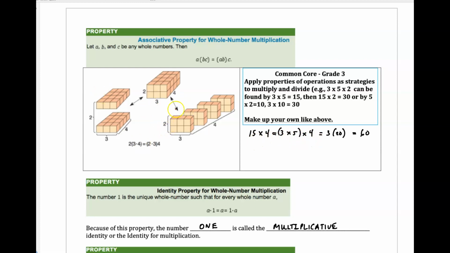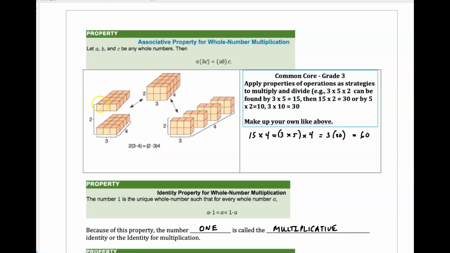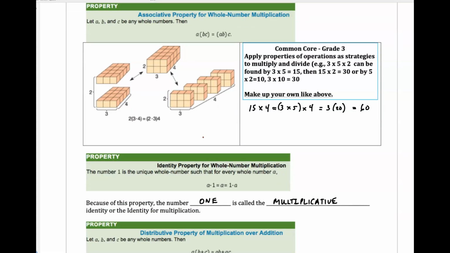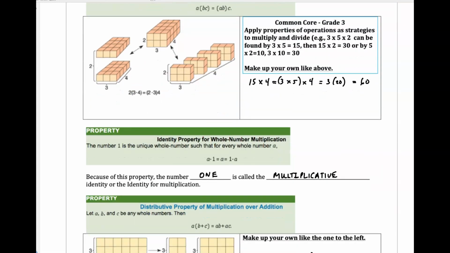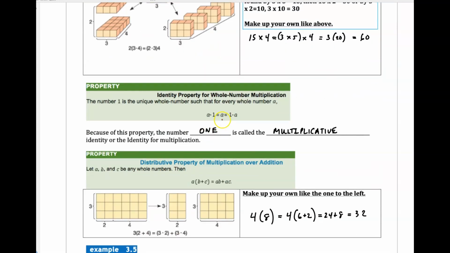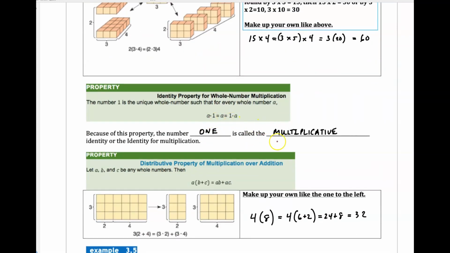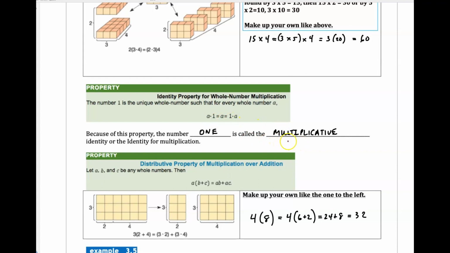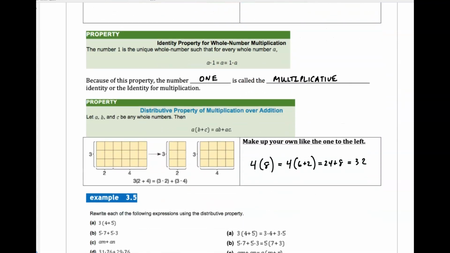This is a nice visual of 2 times 3 times 4, showing how it can be broken up different ways, but they have the same number of blocks. So it's important to remember the associative property for multiplication of whole numbers. We have an identity, which is anything times 1 is itself. That's called the multiplicative identity, or the identity for multiplication.